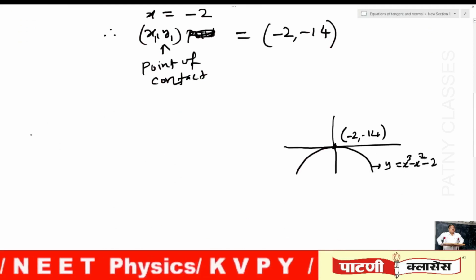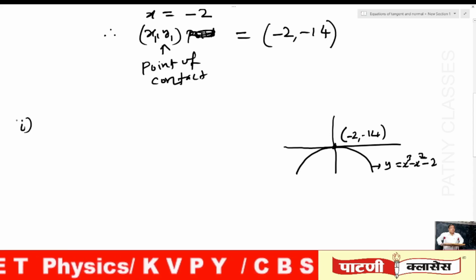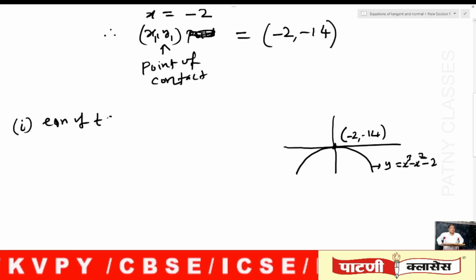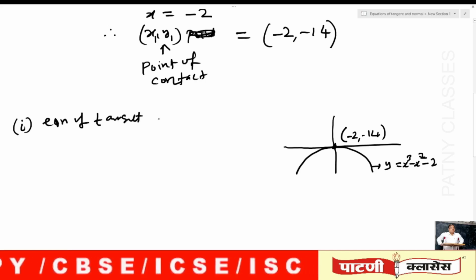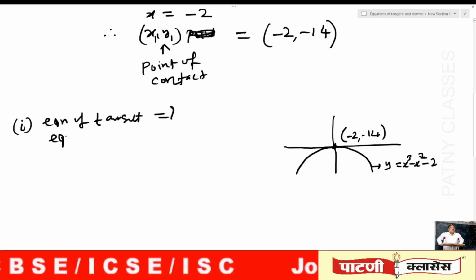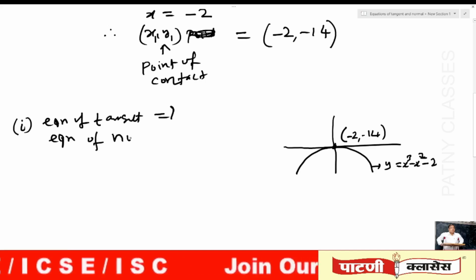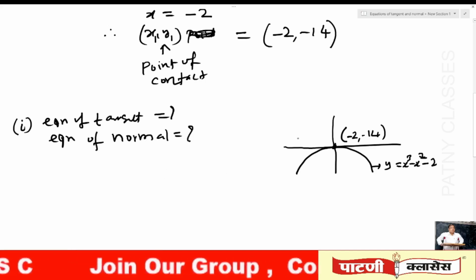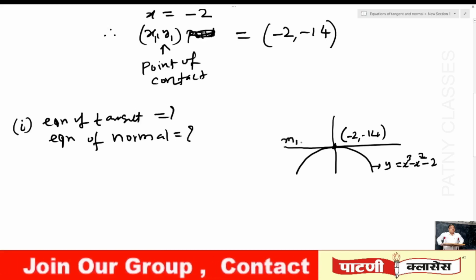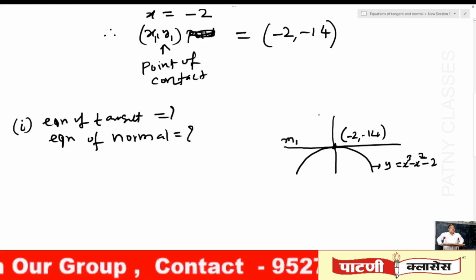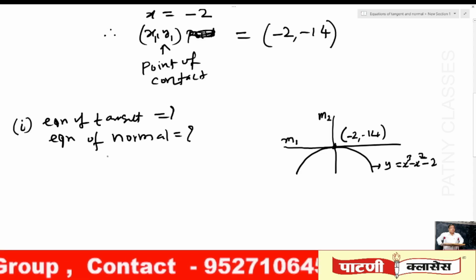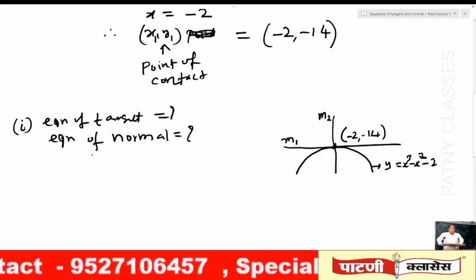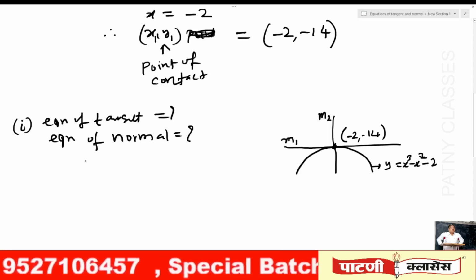We need to find the equation of tangent and the equation of normal. So let's call m1 the slope of the tangent and m2 the slope of the normal. We already know that the slope of the normal is the negative reciprocal of the slope of the tangent.